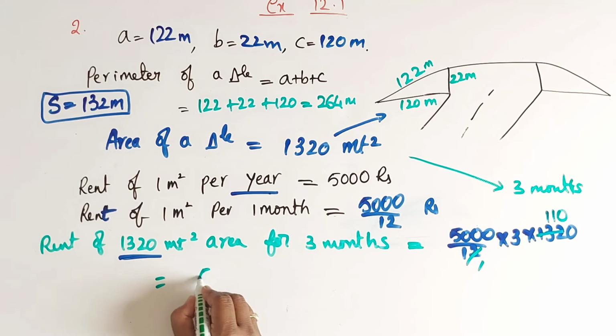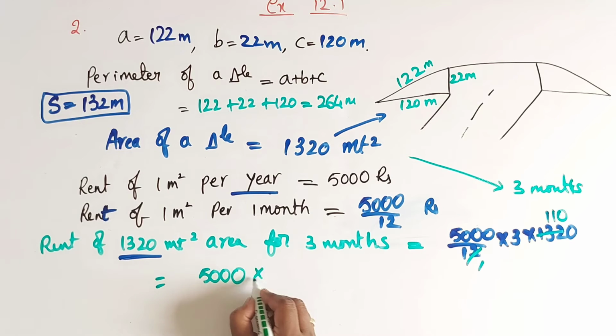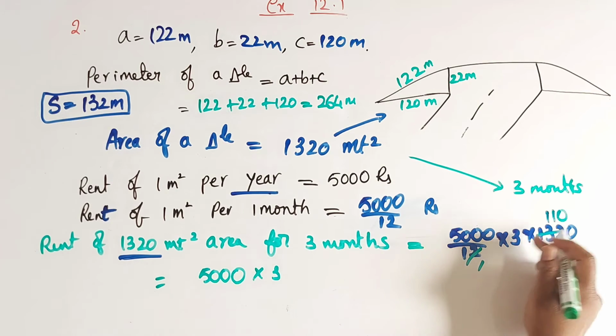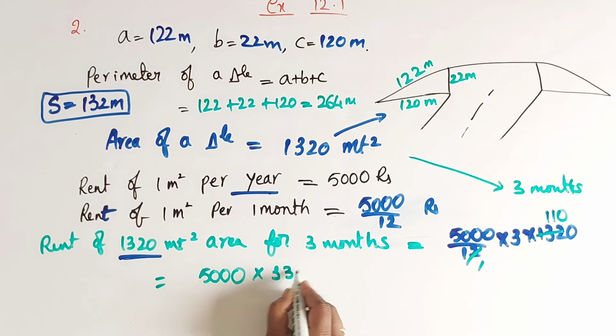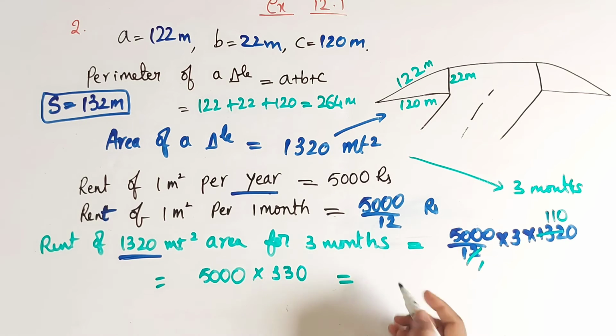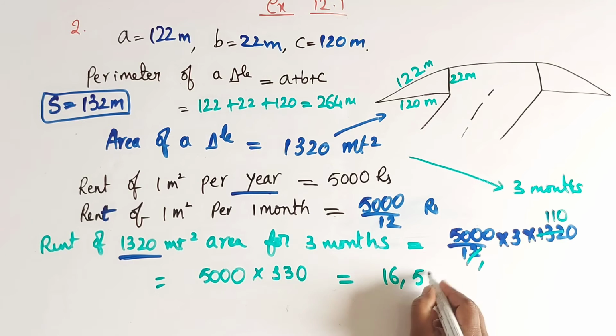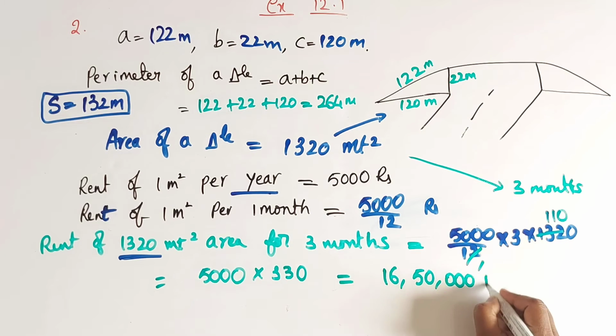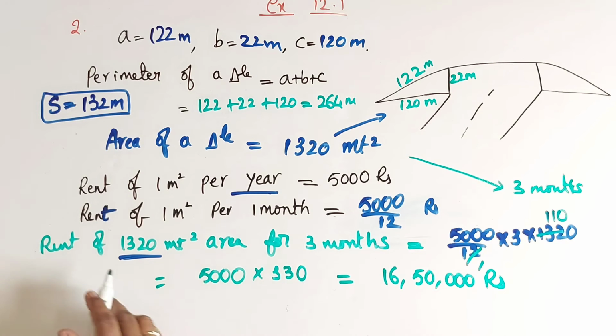So this equals 5000 into 3, that means 3 into 110 means 330. 5000 into 330 means you will get 16,50,000 rupees, children. This is the rent for 3 months of 1320 meters square. 16,50,000 rupees has to be paid.